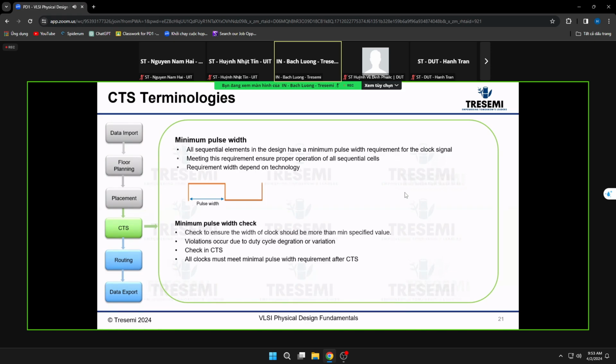After CTS, once the clocks are in, there is a minimum pulse width check to make sure that the width of the clock is more than the minimum pulse width requirement for that particular flop type.